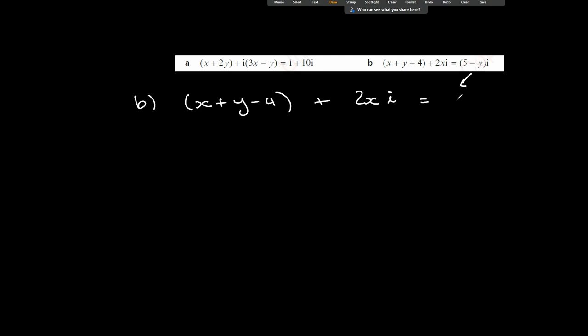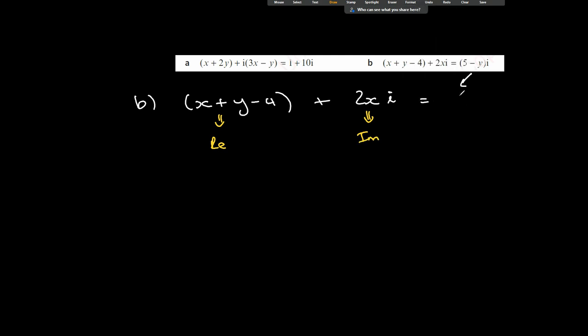I can write it into two parts, but before I do that, let's just recognize something. Can you see that this is the real part and this is the imaginary part there? Here we only have an imaginary part. We don't actually have a real part, right? That means we have to create the real part from nothing.